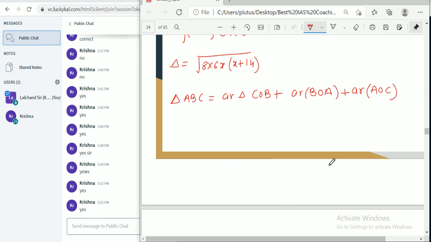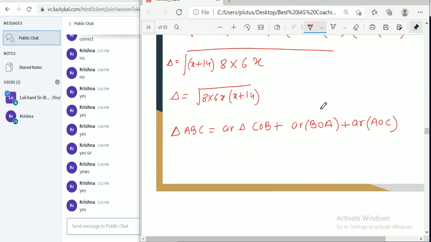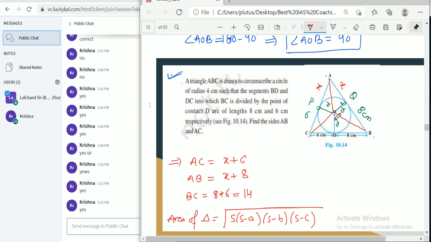Okay, so what is the area of triangle COB? We can use this as the base and this as the height. So using the base into height formula, 1 by 2, base value is 14 and height is our x unit, that is r, the radius of this circle. And what is the area of this triangle BOA?